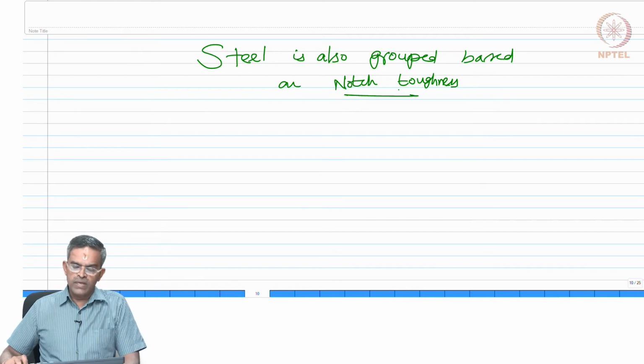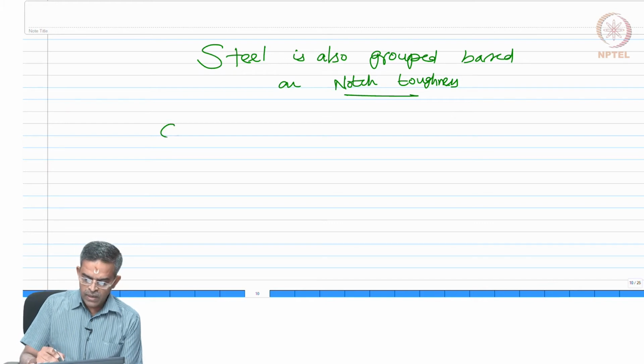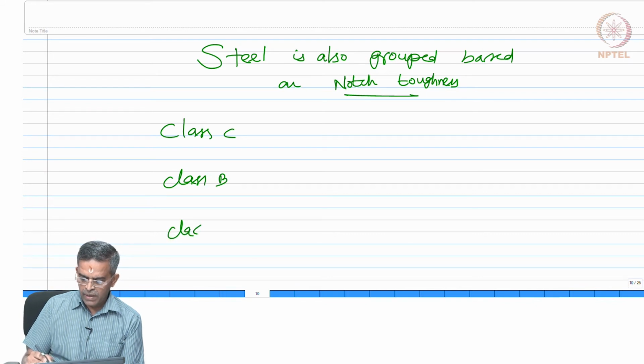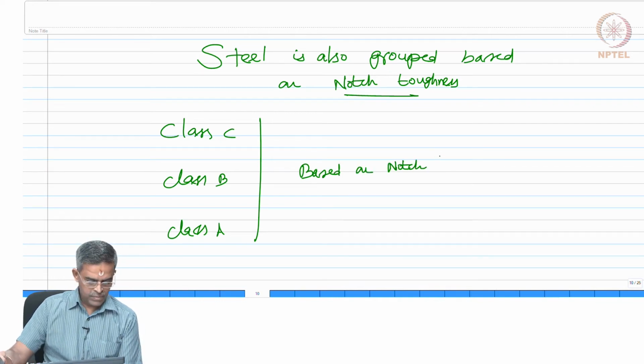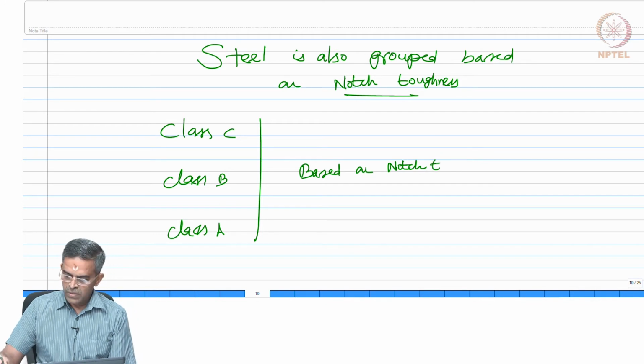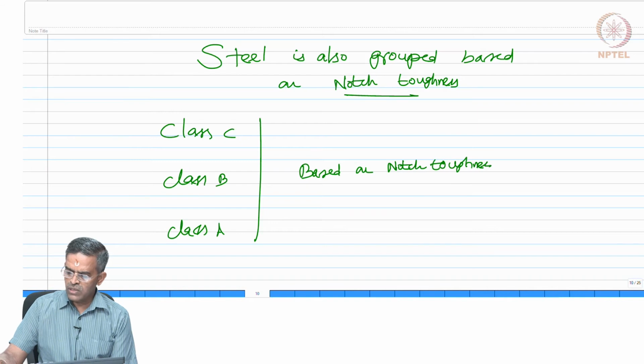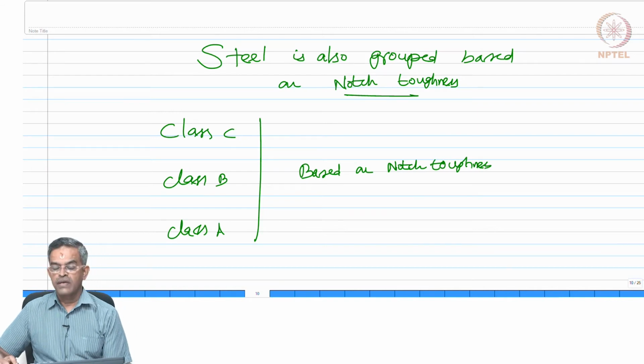Based on notch toughness, steel is grouped as class C, class B and class A. Now, one may ask me a question, how is notch toughness estimated?